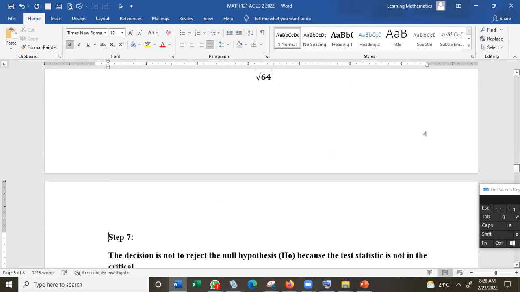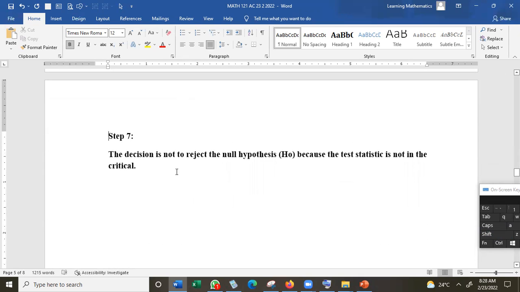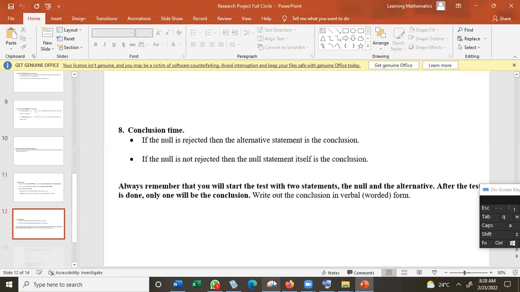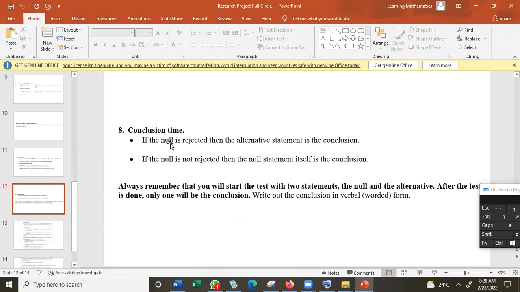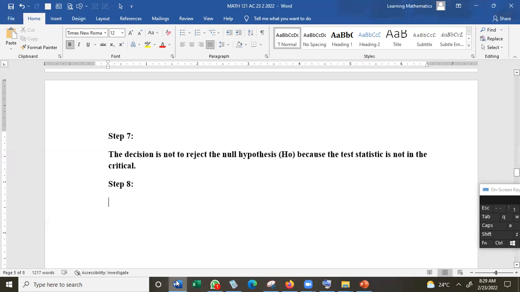So step number 8 now is to conclude. It says, if the null is rejected, then the alternative statement is the conclusion. If the null is not rejected, then the null itself is the conclusion. So when we go here, we did not reject the null.